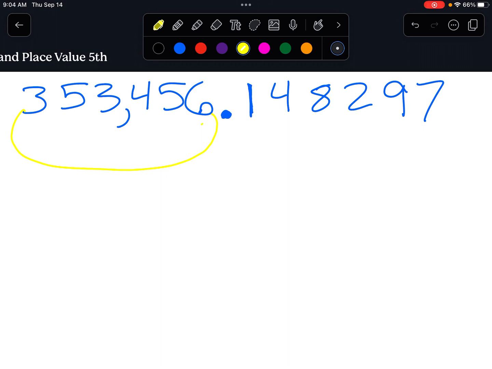We've got the 6 in the ones place, the 5 in the tens place, the 4 in the hundreds place, and 3 in the thousands place. We've got 5 in the 10,000s place and 3 in the 100,000s place.